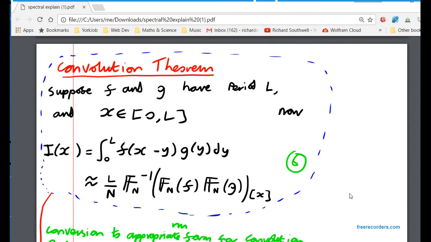Working from inside the bracket out, if we do the fast Fourier transform of f and the fast Fourier transform of g, those will give us vectors of Fourier coefficients, g tilde subscript 0, g tilde subscript 1, all the way to g tilde subscript n minus 1. Multiply that by the similar thing with f's instead of g's.